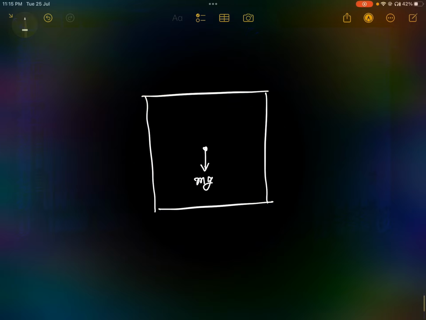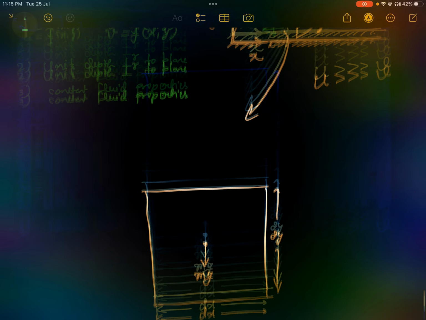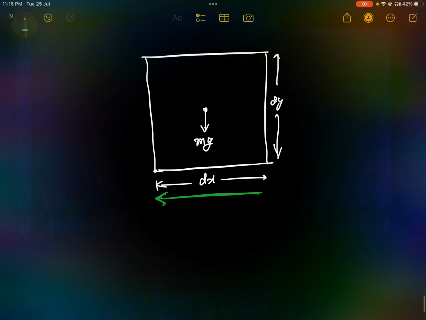Let's say the length of this fluid element is dx along the x-axis and dy along the y-axis. Let's find out the forces. What are the forces applied? So we have taken the force here in this direction because of the shear stress.